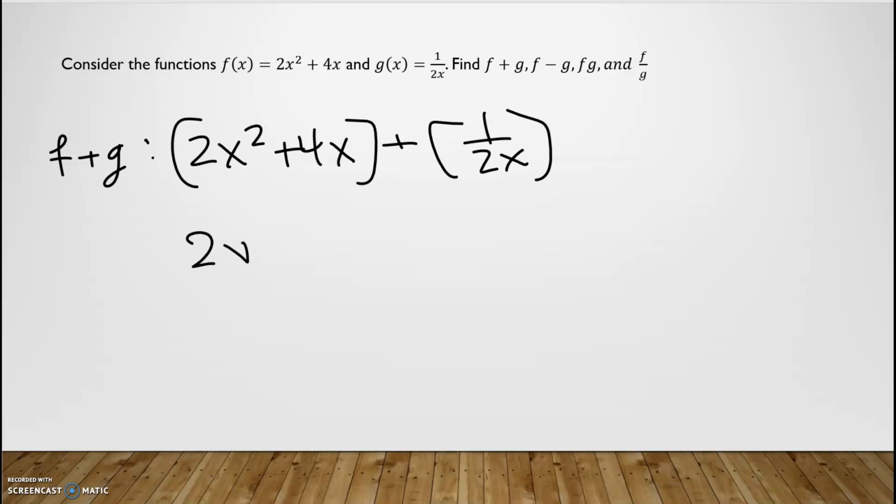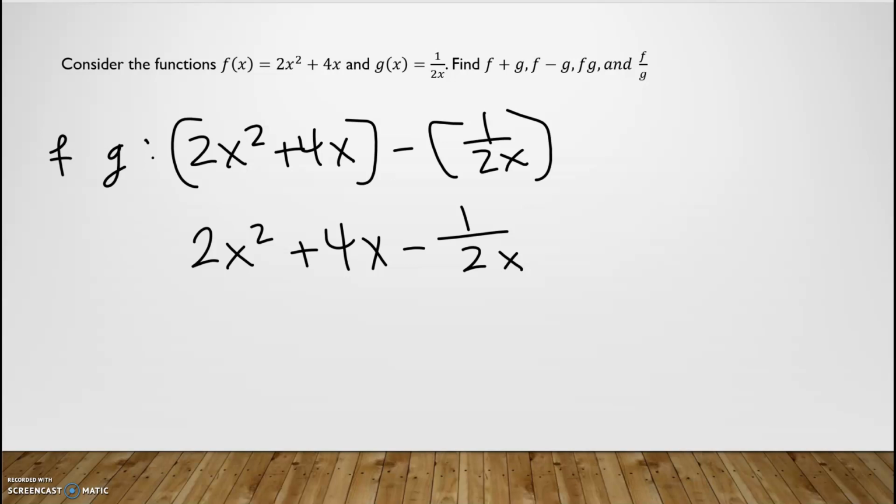And that's going to be my final answer for f plus g. Let's look at minus. Okay, so this is going to be 2x squared plus 4x minus 1 over 2x. And that'll be my final answer for f minus g.